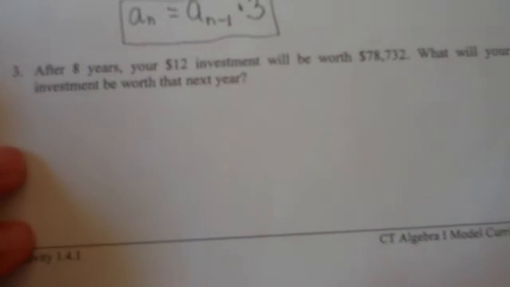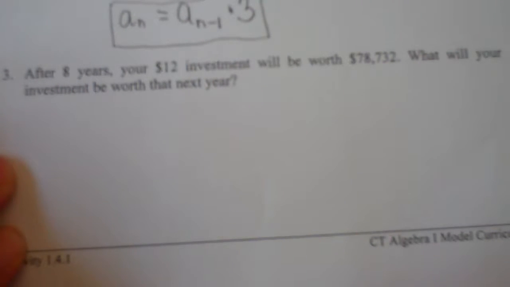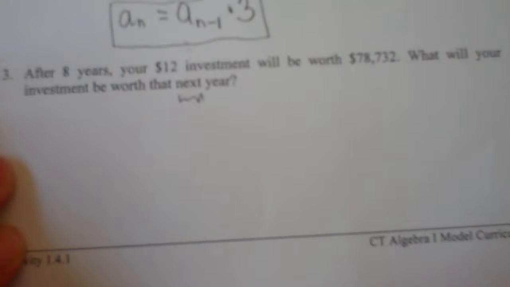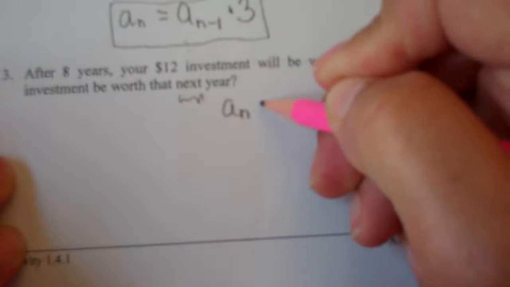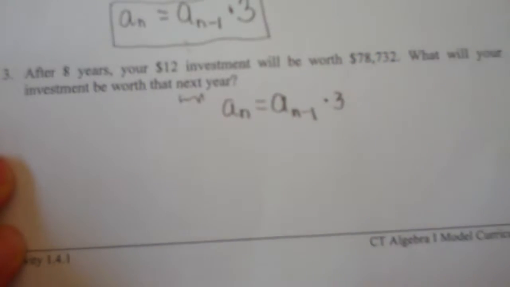After 8 years, your $12 investment will be worth $78,732. What will your investment be worth next year? Now remember, when we're looking for the next year, we're going to go back up and use that recursive rule we just wrote. So I'm going to write the recursive rule, a sub n equals a sub n minus 1 times 3.